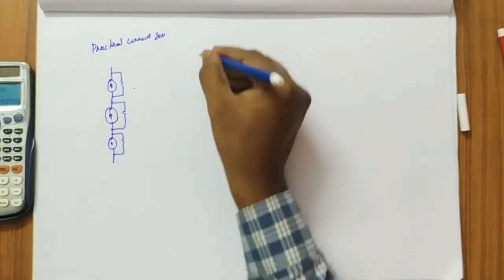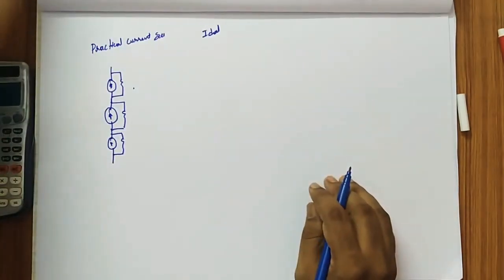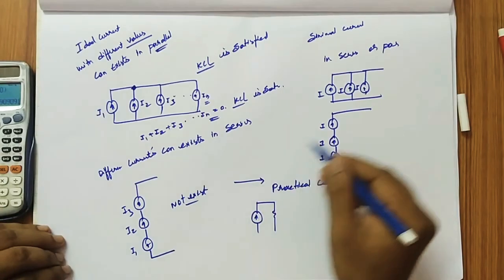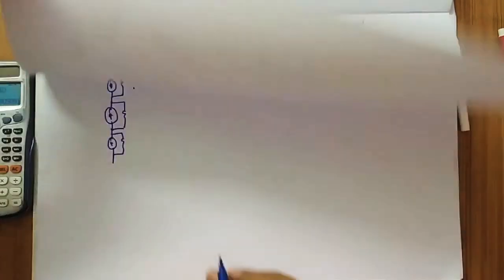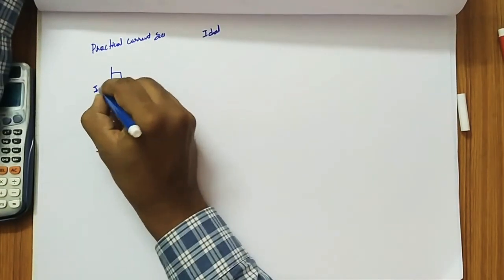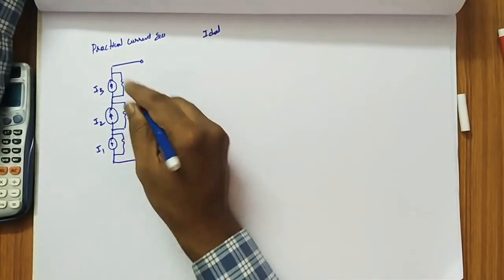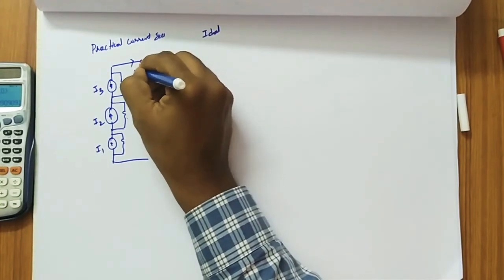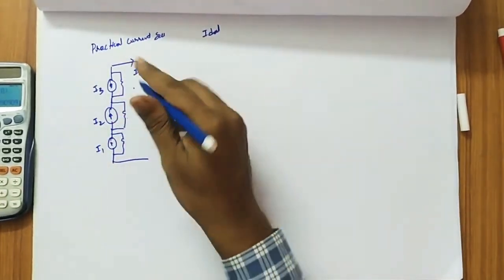So what happened before? In the ideal case, different current sources in series cannot exist, right? But in the practical case, different current sources can exist. Why? Because of this internal resistance. So there is compensation of currents, and the load current will get the output. So here KCL, KVL, everything is satisfied.